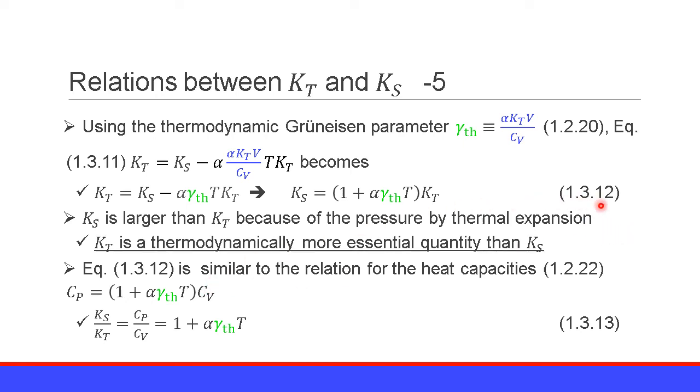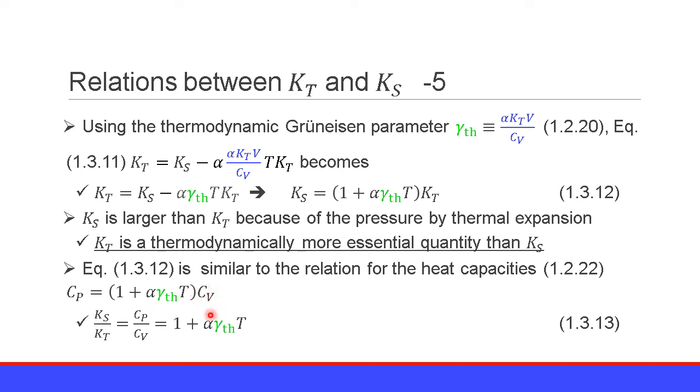Equation 1.3.12 is similar to the formula for the heat capacity, 1.2.22: Cp, the isobaric heat capacity, is equal to 1 plus alpha gamma th T times Cv, the isochoric heat capacity.